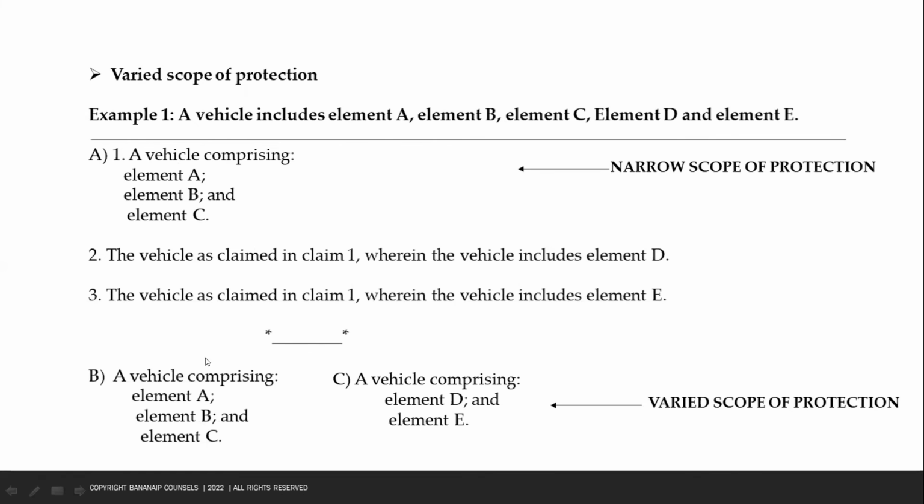So if we draft two independent claims, a vehicle comprising A, B, and C, and in another independent claim we have elements D and E, this will give you a wider scope of protection, and it is a broad claim.